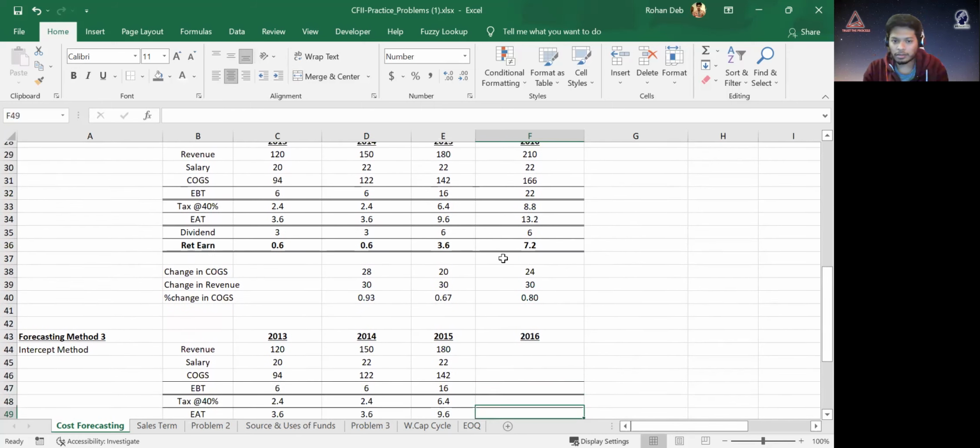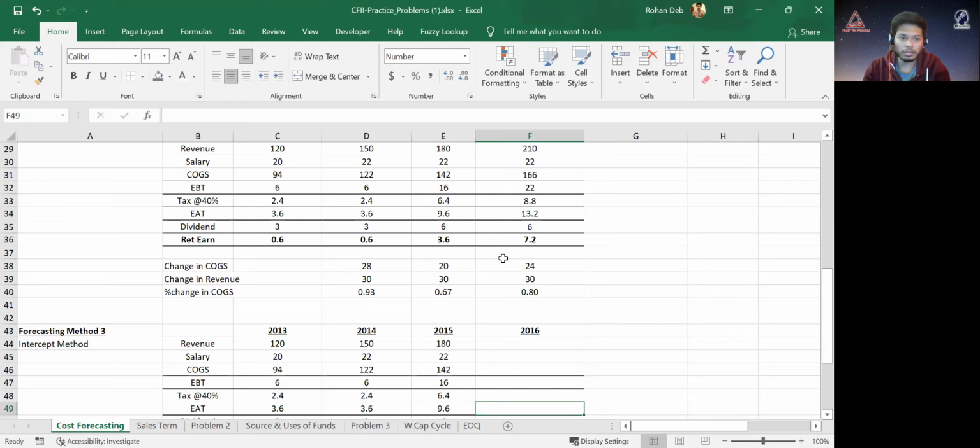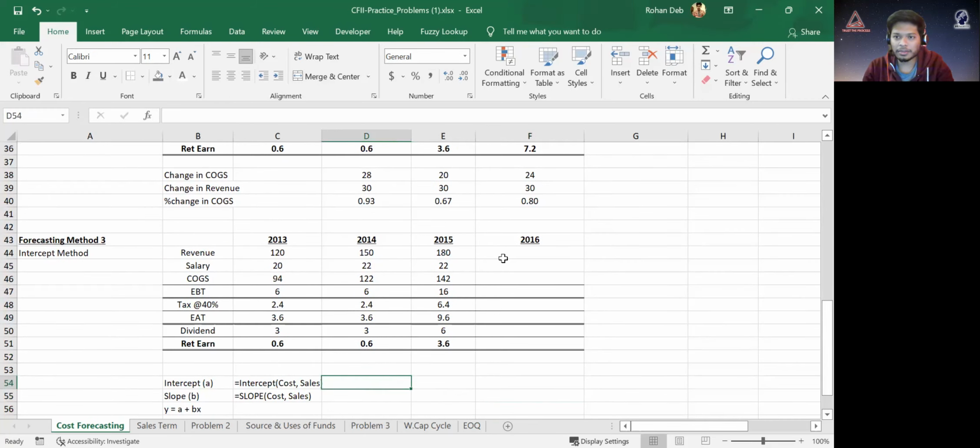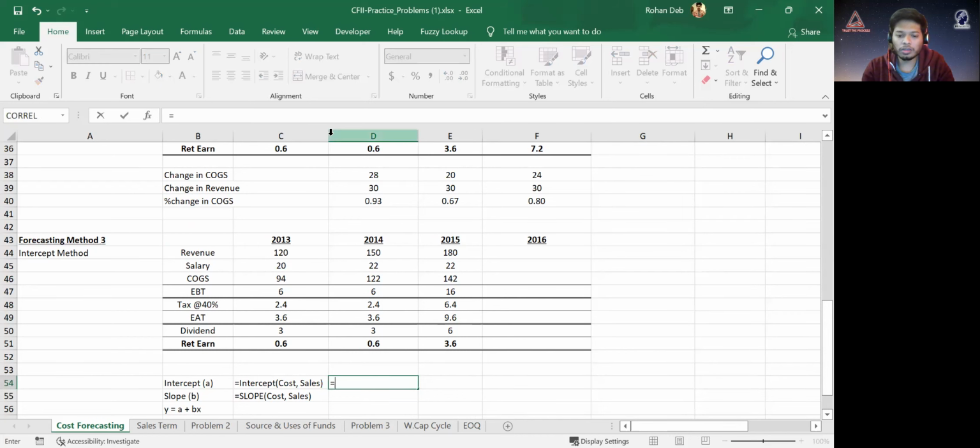Okay, now the third method is a little different, and it basically uses an Excel function called intercept. You remember the slope and intercept thing on the graph. Excel directly uses a function to calculate that. So the function is equal to intercept, and first you take the cost.